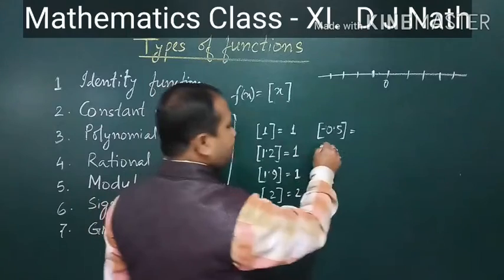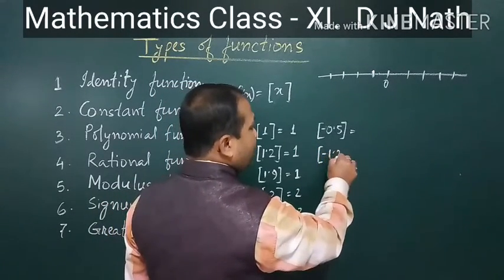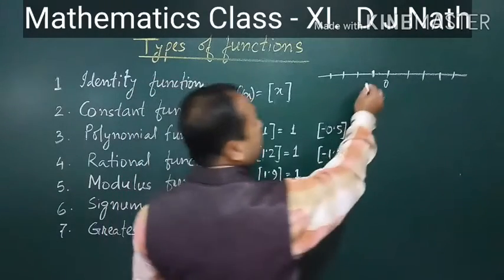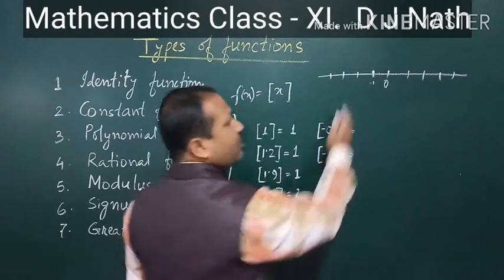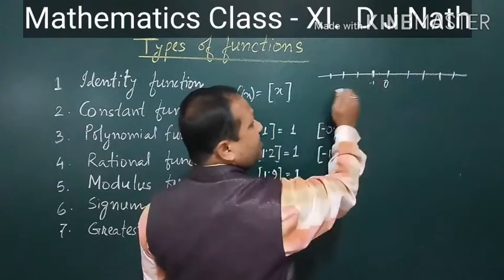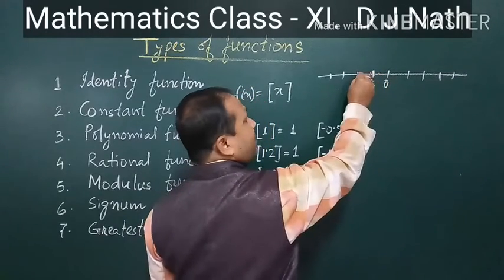If it is minus 1.2, where is minus 1.2? This is minus 1. Minus 1.2 is not on that side; minus 1.2 is less than minus 1. So it is at this point, and the integer will be this one.